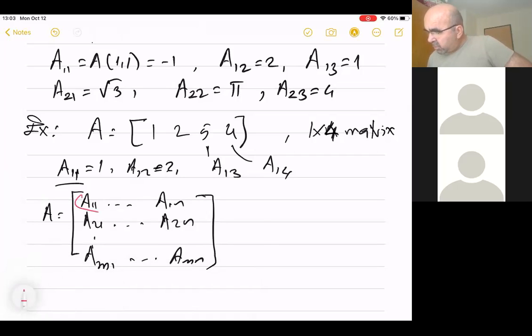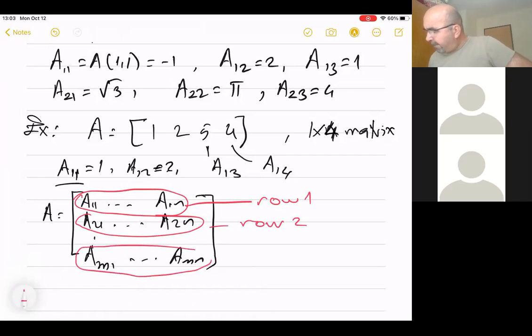So this is the first row, row 1. This is row 2. This is row M, exactly M rows.